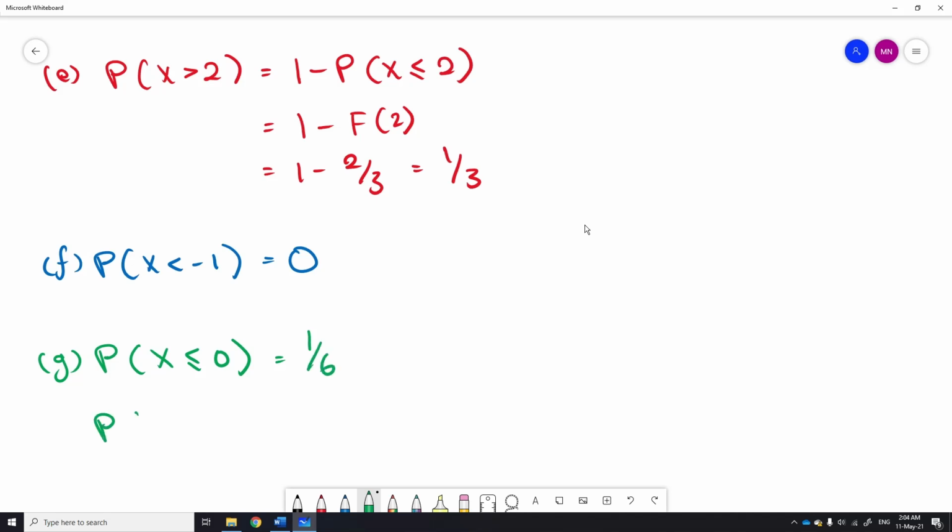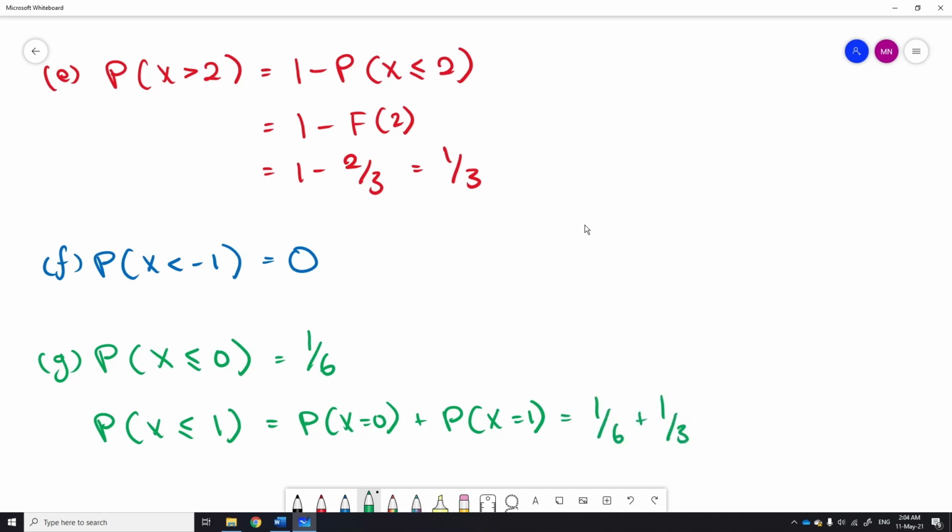So we go next where x is now less than or equal to 1, so this will be probability of x equal to 0 plus probability of x equal to 1, that is 1 over 6 plus 1 over 3, and equal to 1 over 2. So this is exactly 1 over 2.